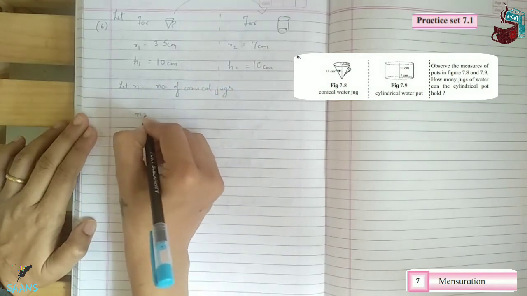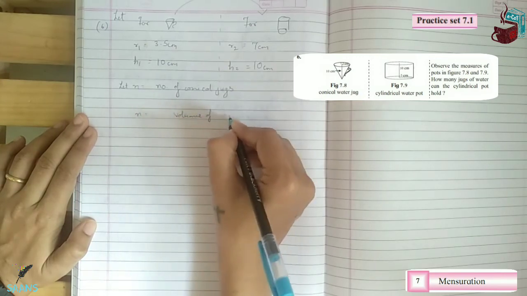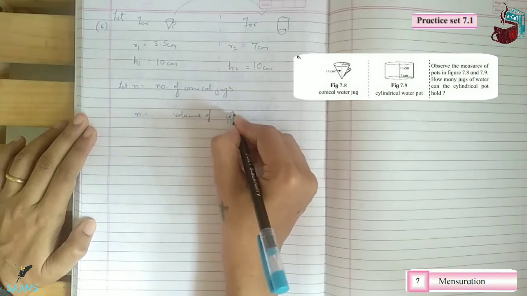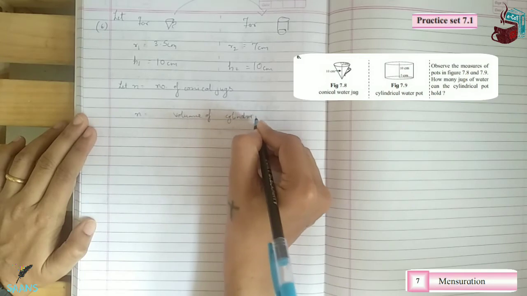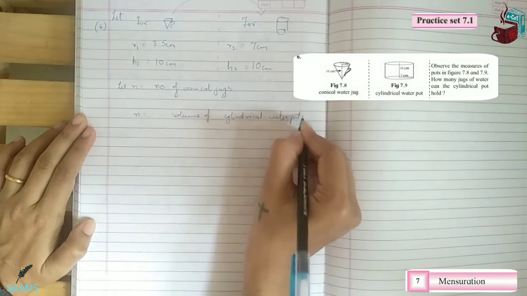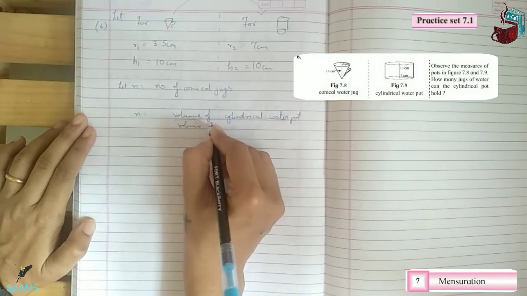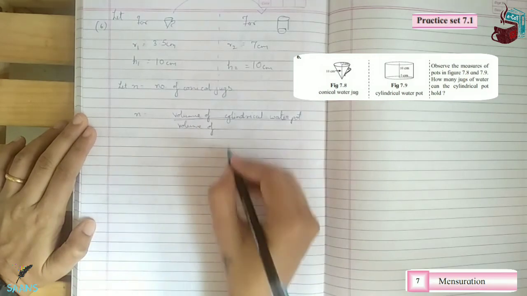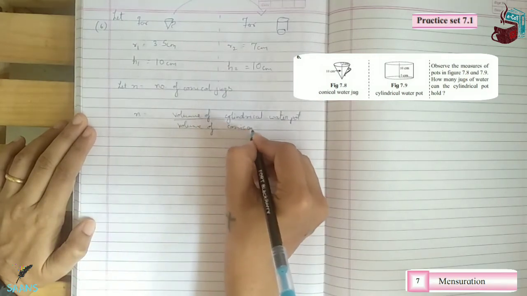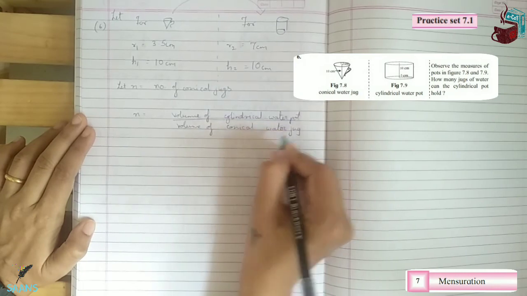Therefore, n is equal to the volume of the cylindrical water pot upon the volume of the conical water jug.